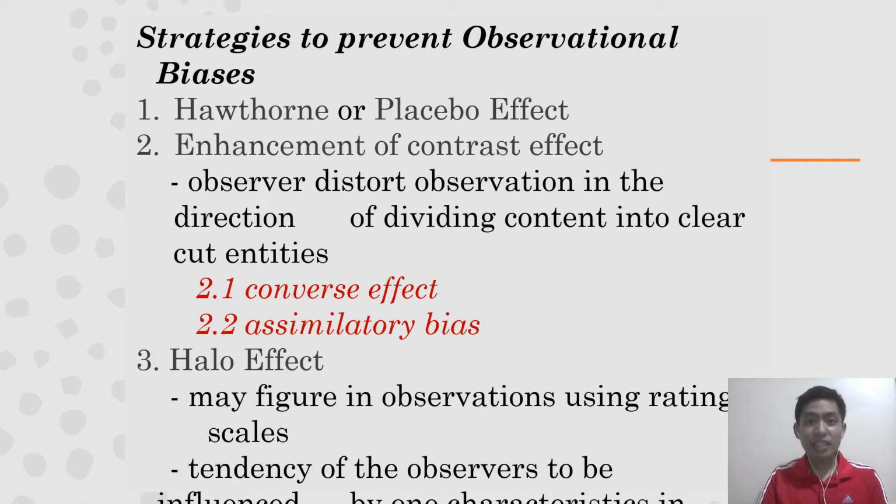We have the enhanced contrast effect. The observer distorts observation in the direction of dividing content into clear-cut entities. Contrast effect and assimilatory bias. So we have the halo effect, a figure in observation using rating scales, the tendency of the observers to be influenced by other characteristics.